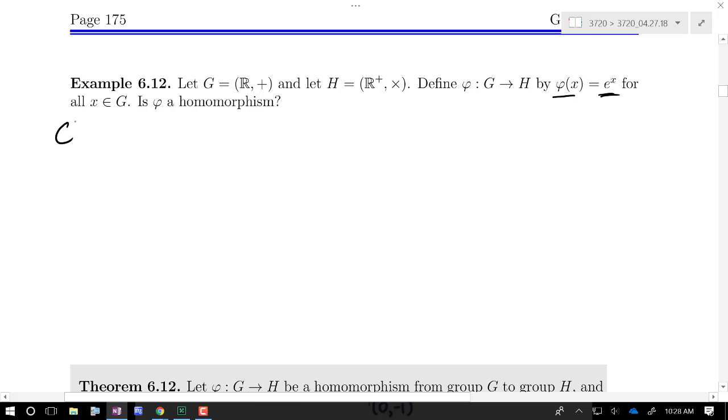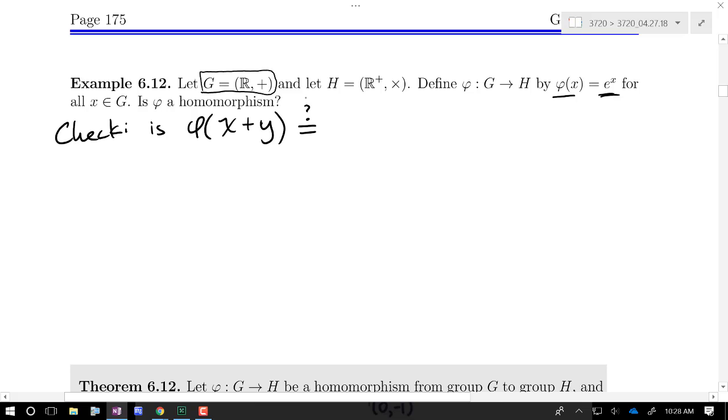So again, we need to check this property. Is phi of, now I'm going to make sure it's mapping from G, and that operation is addition. So phi of x plus y, that's the operation inside the function.